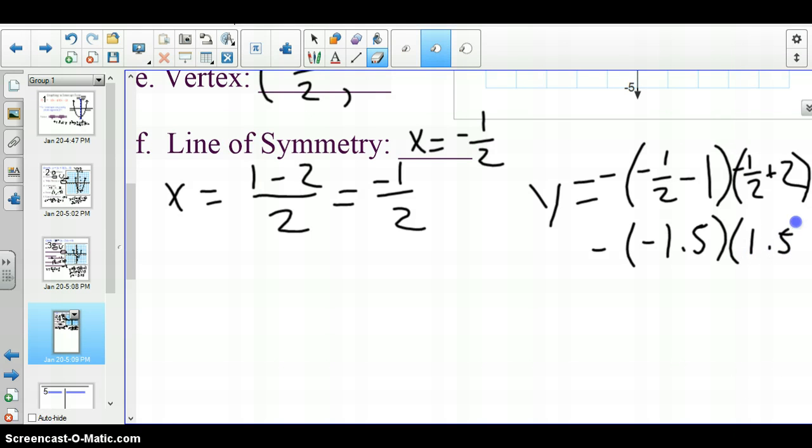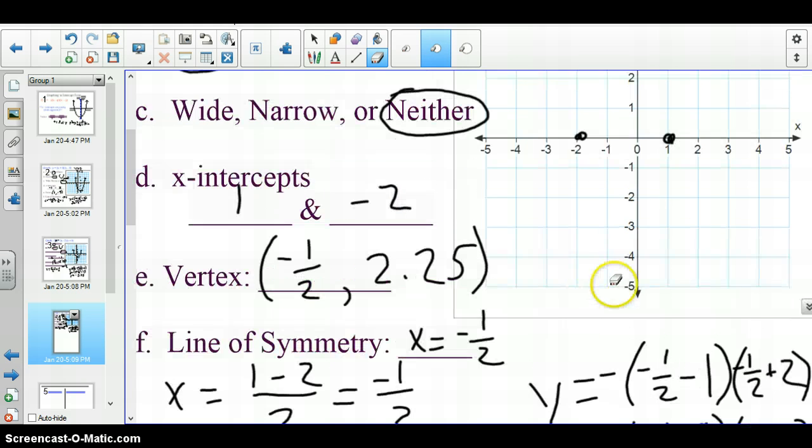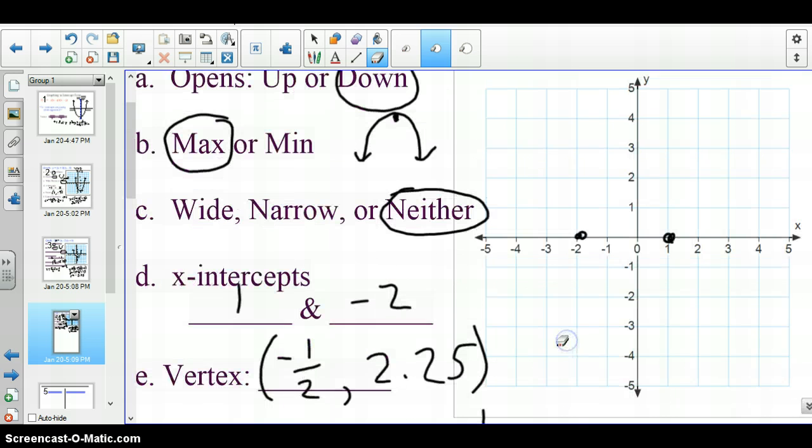Two negatives make a positive, so I'm going to get y equals 2.25. So now, negative 1/2 is in between 0 and negative 1. So negative 1/2 and then 2.25 is somewhere right in here. So that's my vertex, my axis of symmetry.